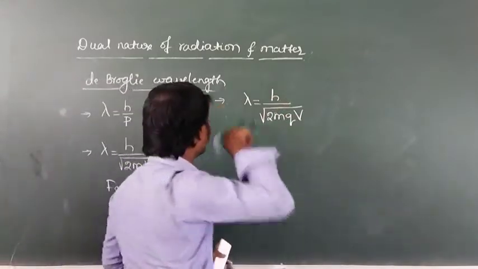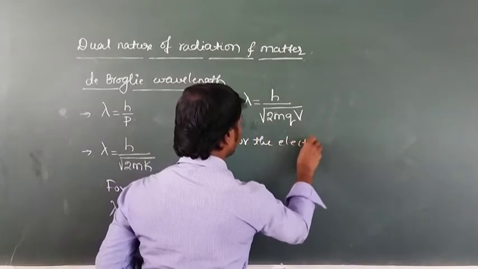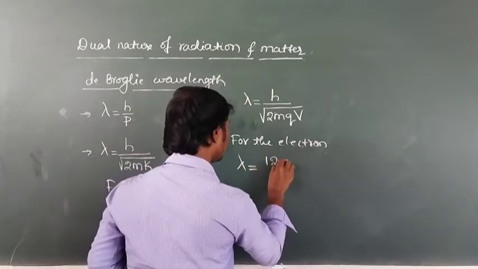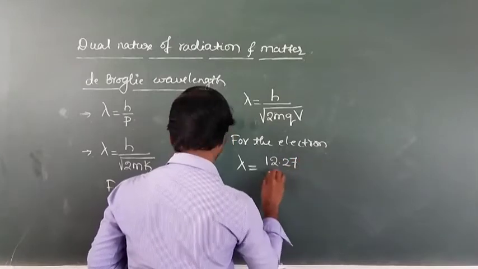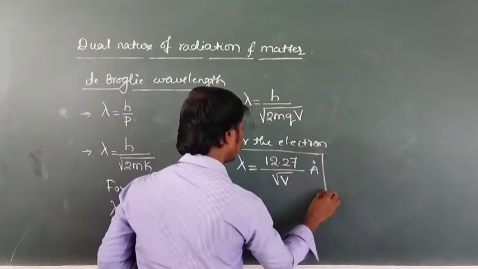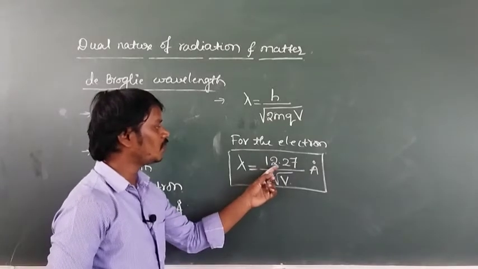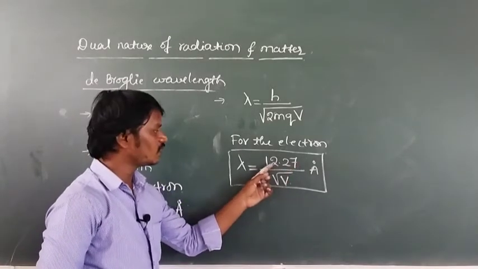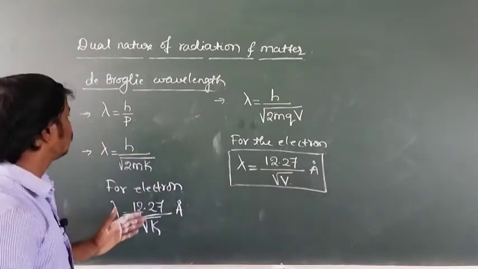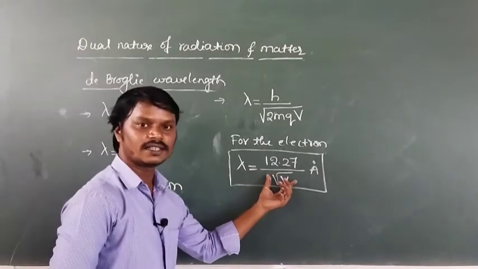Now for the electron, again lambda is equal to 12.27 divided by square root of v, and this is also in terms of angstrom. In terms of nanometer, it is 1.227. But here it is in terms of angstrom, so it is 12.27. So this is all about the de Broglie wavelength in terms of momentum, kinetic energy, and also the accelerating potential.